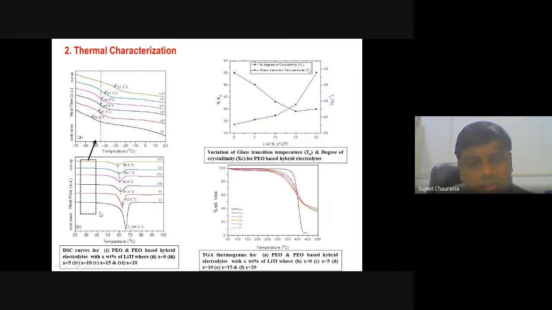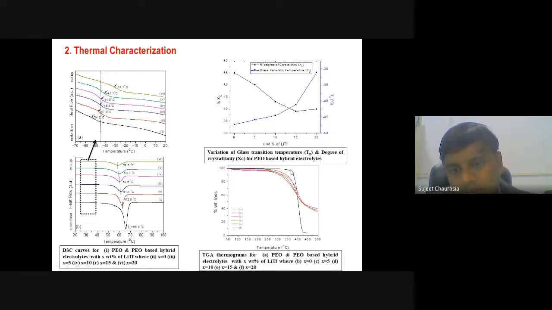Using these DSC thermograms, the melting enthalpy corresponding to the melting peak Tm relative to the melting enthalpy of 100% crystalline PEO, the degree of crystallinity of all the hybrid electrolyte membranes has been calculated. Here we can see that degree of crystallinity decreases with increasing salt content in the hybrid matrix. This is the TGA thermogram of our synthesized hybrid electrolyte membrane.